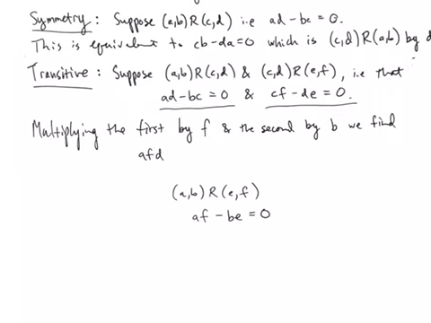We have AFD minus BCF equals 0, and BCF minus DBE equals 0. And then what you can notice is that BCF occurs in both equations there.